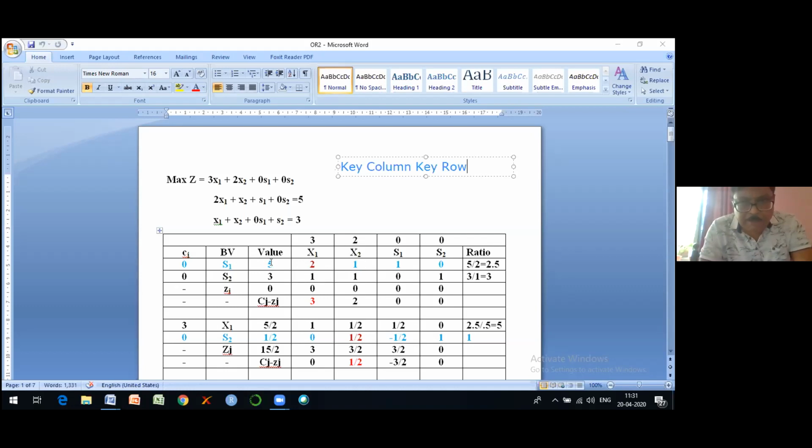The 5, that is the value of the first constant, and the value in the key column. So the key column value is 2. So the first ratio will be 5/2. Here we have written 5/2 equal to 2.5.